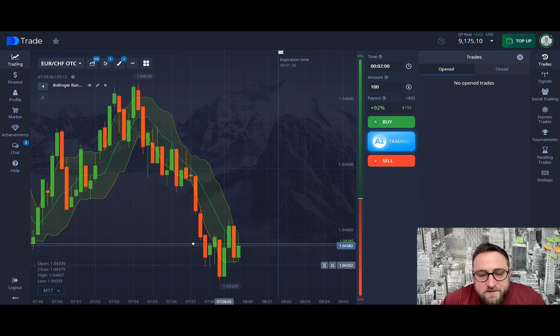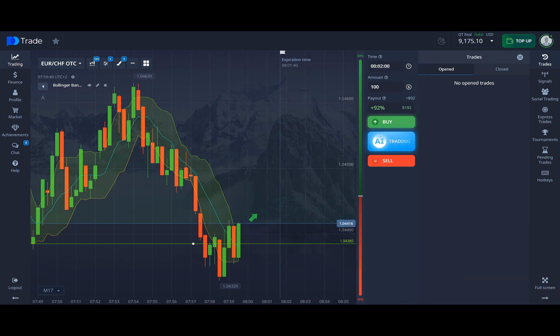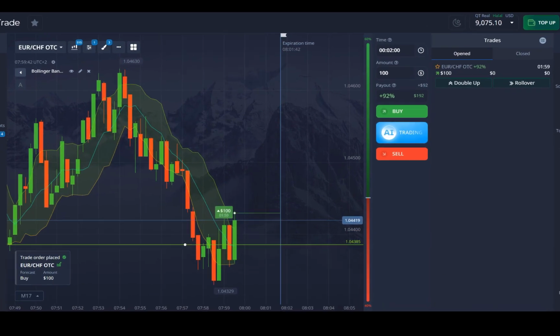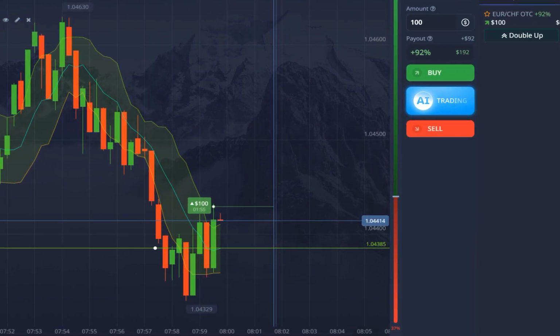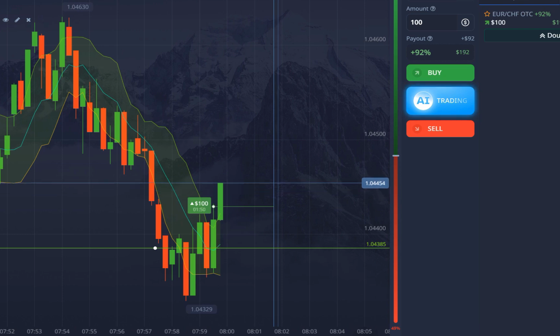Okay, now it still can't break lower, so I'm opening a trade upward. The trade amount is reduced, as the previous trade already covered our small loss, as you can see.